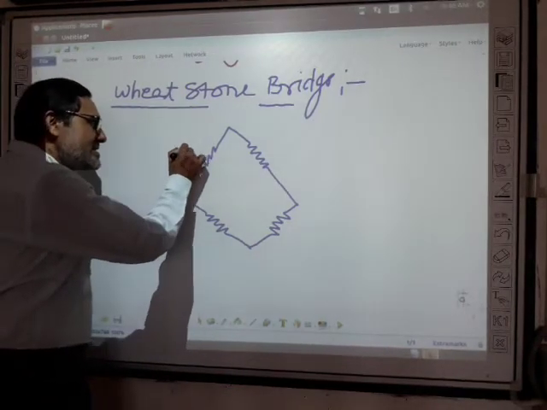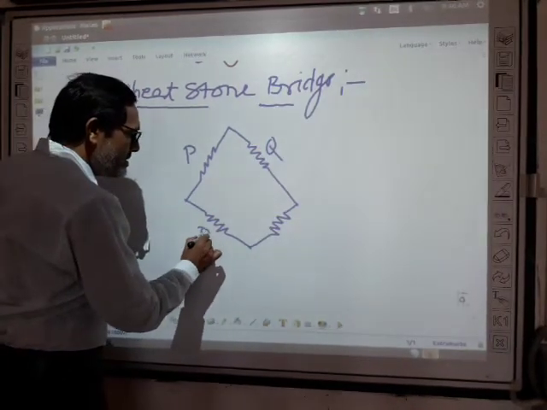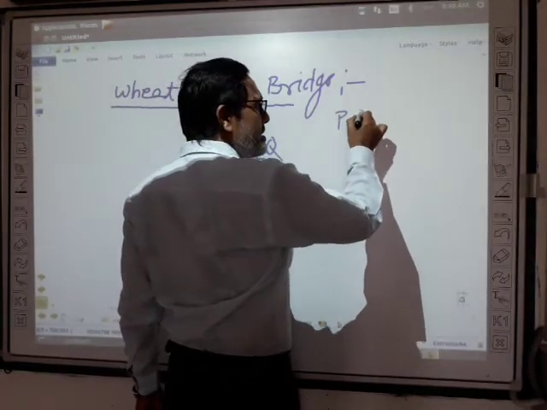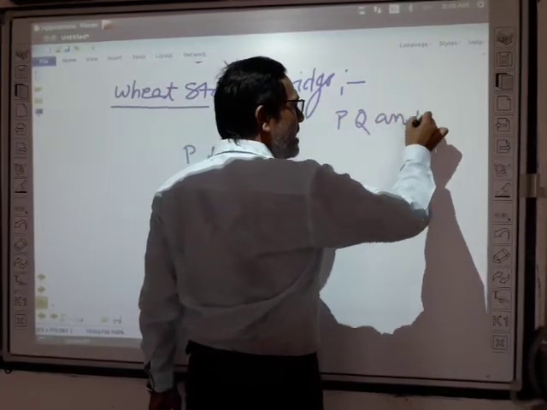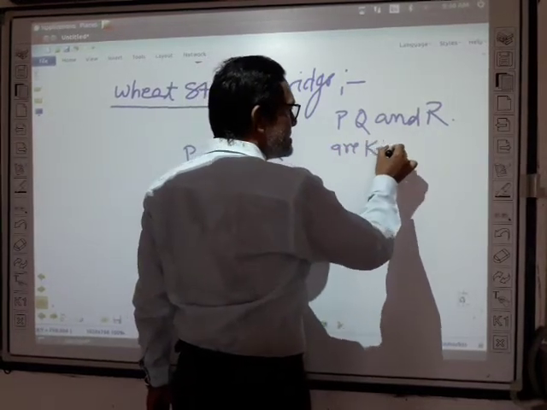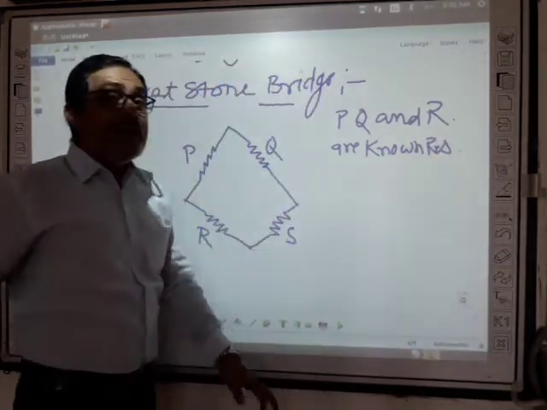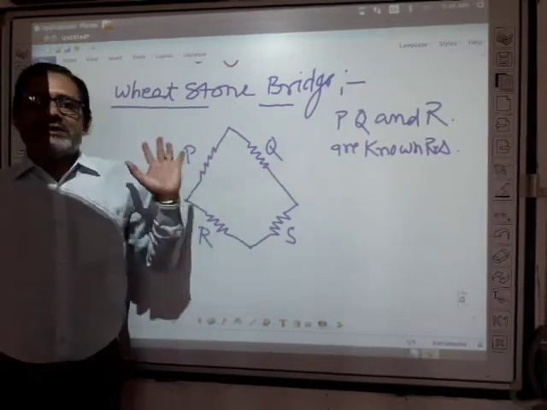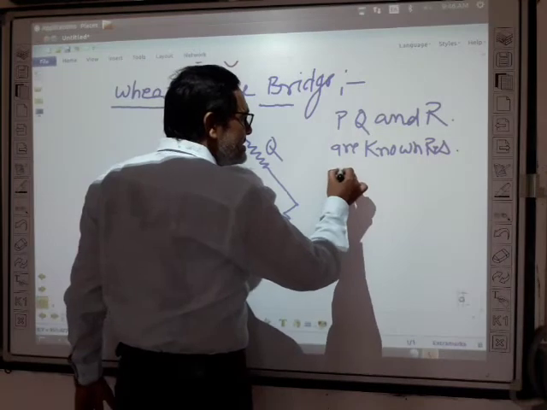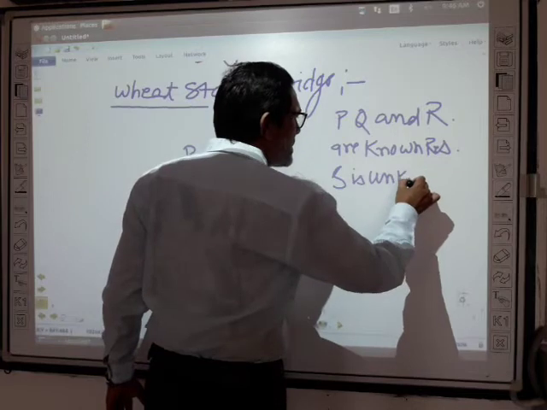These are P, Q, R, S. Remember, P, Q and R are known resistances, means we know the values of these resistances, and S is the unknown resistance.